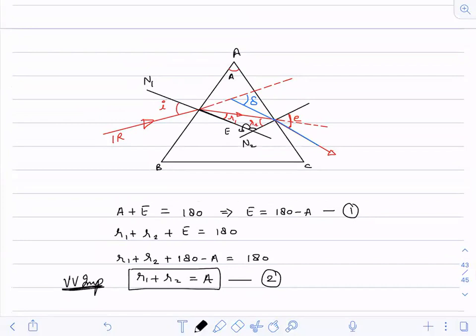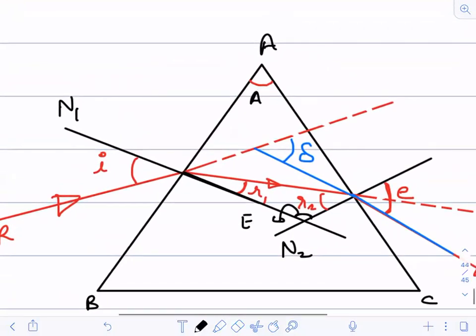Now, can you tell me, just see here, if this angle is I, what will be this angle?